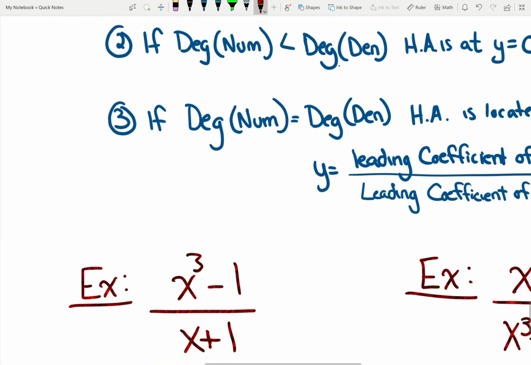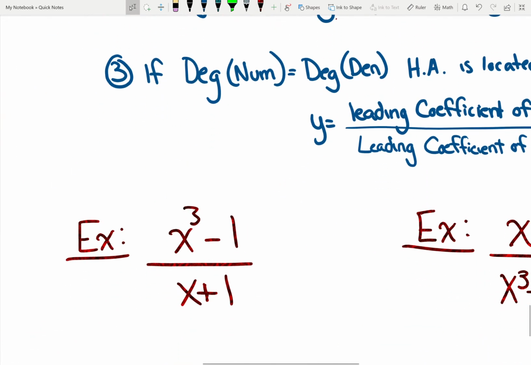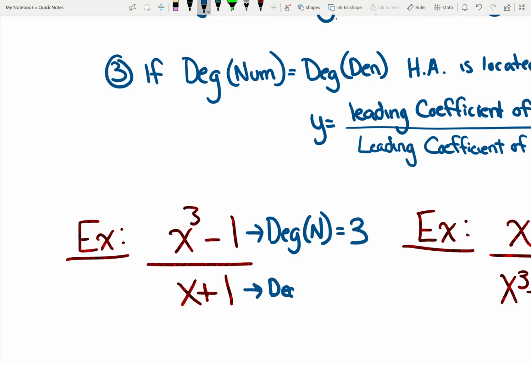So let's come here to example 1. We have x cubed minus 1 divided by x plus 1. This is our numerator, right? So if I were to write the degree of my numerator, I would pick the largest exponent that I see. And that here would be 3. Good. Then I look at the denominator. What is the degree of my denominator?